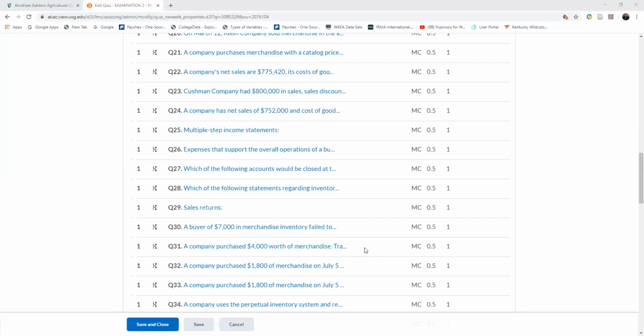And your beginning inventory plus your net purchases minus your cost of goods sold gives you your gross profit. Okay, well, I hope that's pretty clear, but don't just rely on this to tell you that. You need to go back and make sure you have internalized it, because that's the kind of thing you're going to see on this examination.